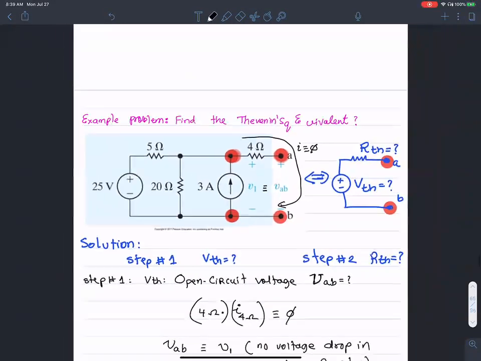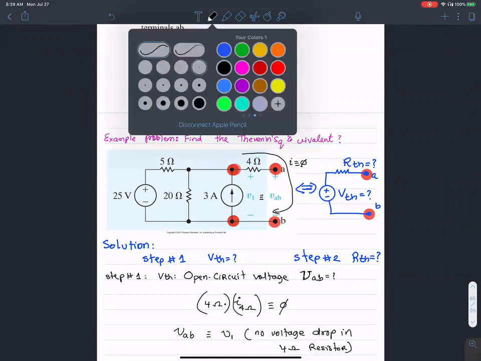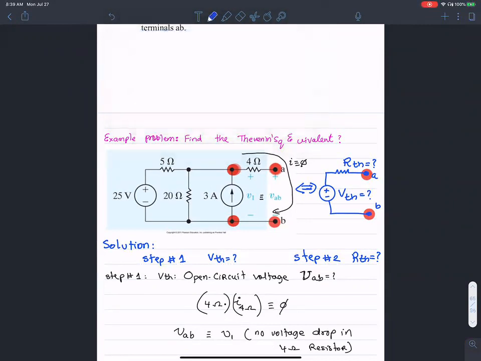To find V1, I applied KCL at the node on top, to find the value of VAB or V1 to be 32 volts. So we found VTH to be 32 volts.